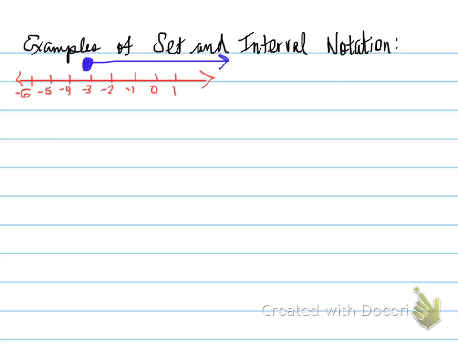Well, it means that the domain of the function is x, real numbers such that x is greater than or equal to -3. And we close the bracket.